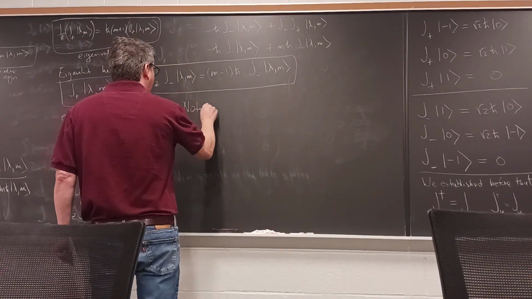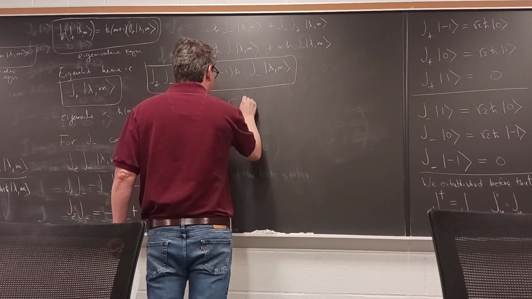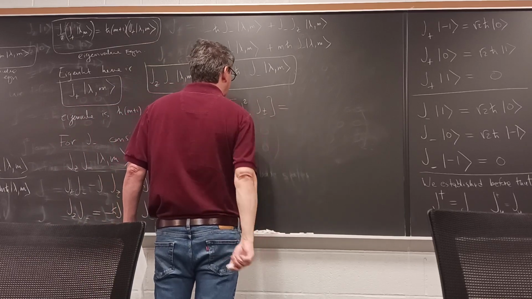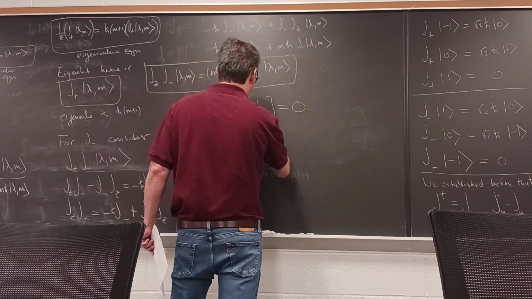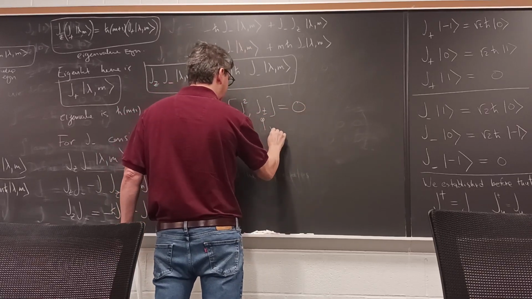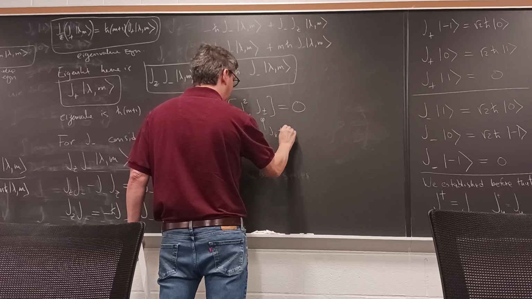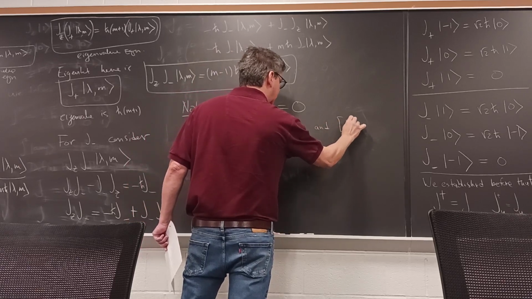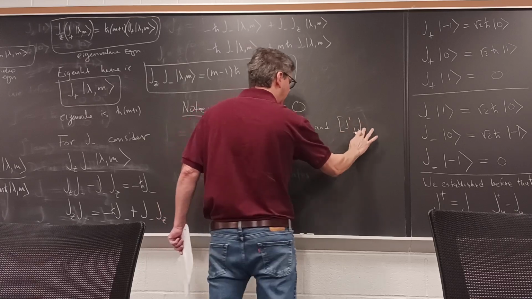Something important to note is that if we calculate j squared, the commutator with j plus minus, this is just 0, because this is just jx plus or minus i jy, and j squared commutes with all of these things.